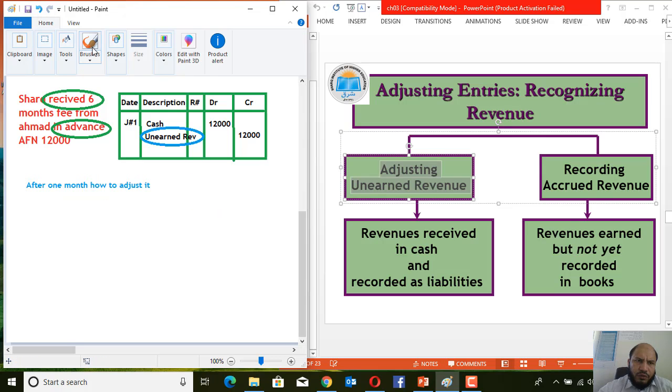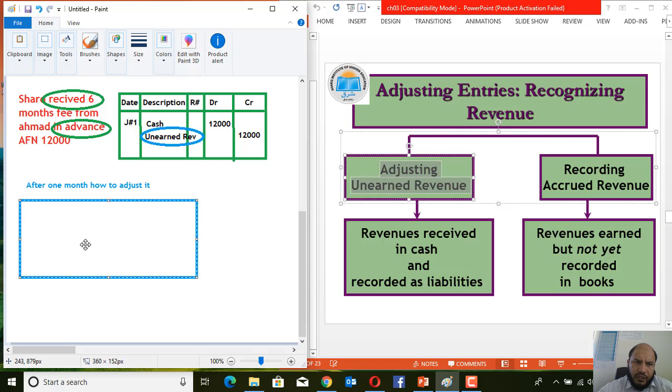So now let's record after 1 month. I will quickly draw a journal here, and you will see this is the date column. This column is for description, this column is for reference number, and this column is for debit and credit records.